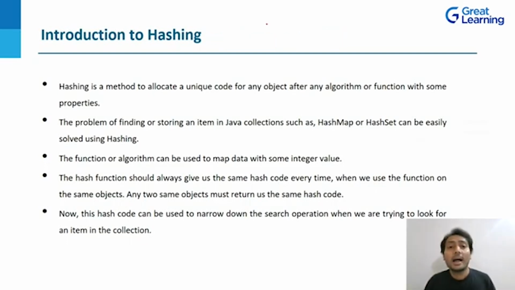Now, how will hashing play an important role when you're writing a program using Java? In Java you have something called collections, right? Collection examples are HashMap, HashSet, LinkedHashMap, LinkedHashSet. So what are these collections?